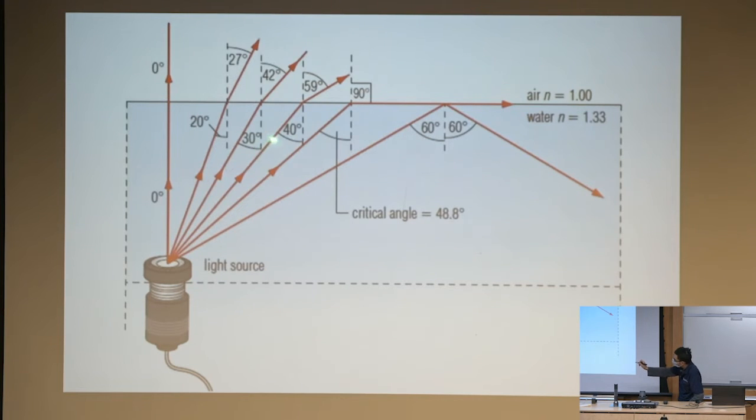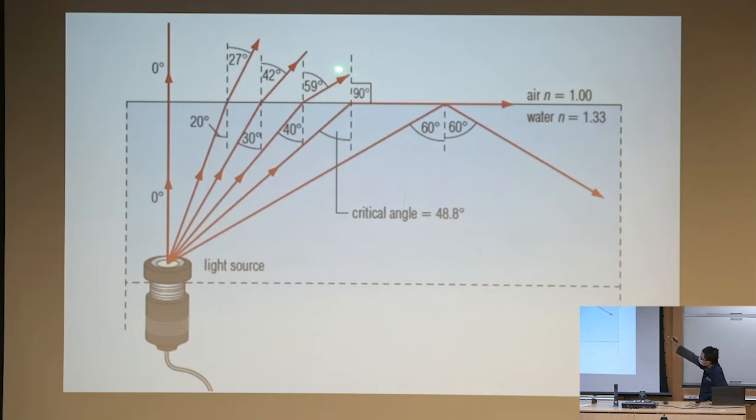But if I increase the incident angle from 20, 30, 40 to 60 degrees, because the light bends more in the less dense material, the refraction angle will increase much more than the incident angle, until it reaches 90 degrees.